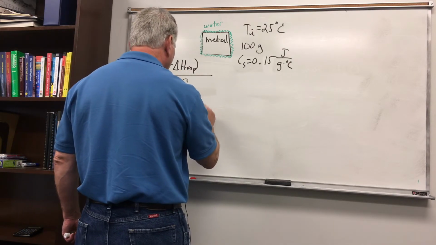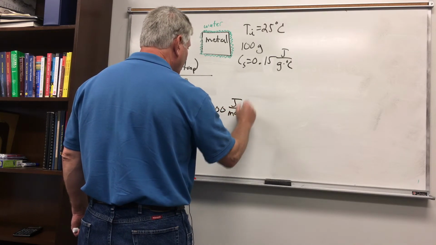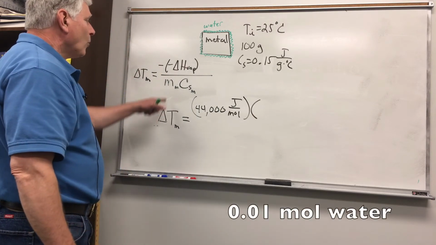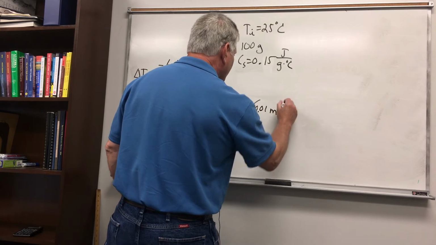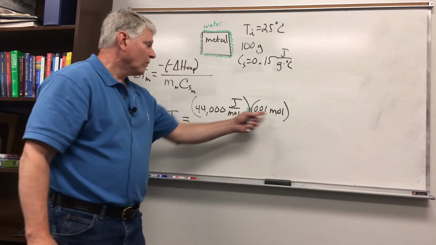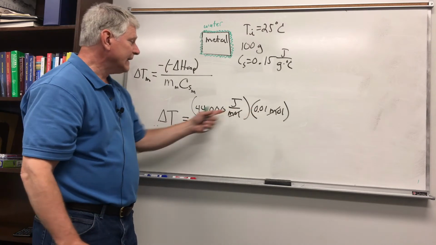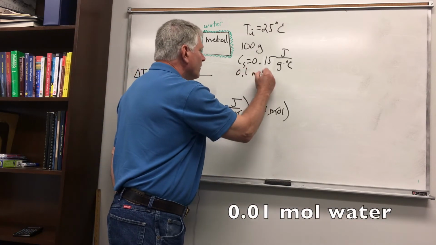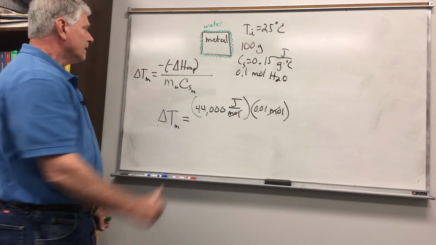So I have 44,000 joules per mole. And I have 0.1 moles of water, so I need to multiply by the amount of water, so moles will cancel. This will tell me exactly how much heat is released for 0.1 moles of water condensing.